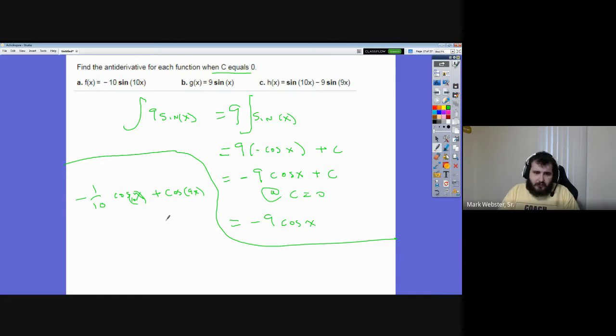And if you wanted to make it look pretty, cosine of 9x minus cosine of 10x over 10, just to make it look prettier. And that's the whole thing.